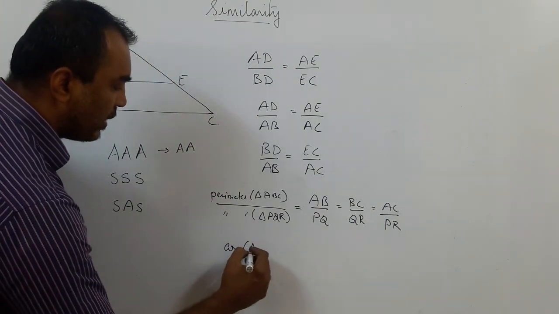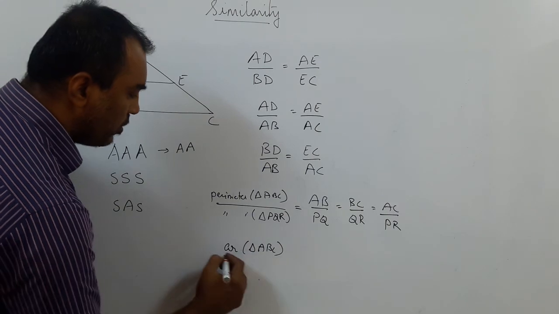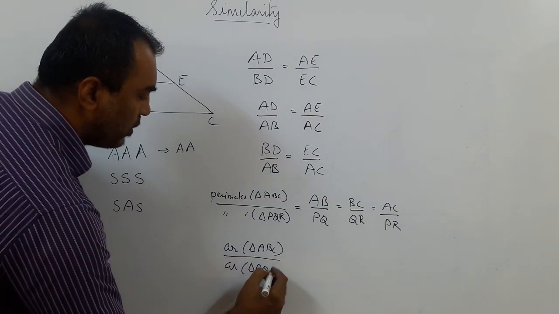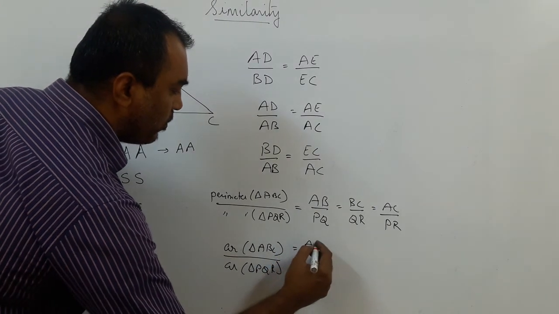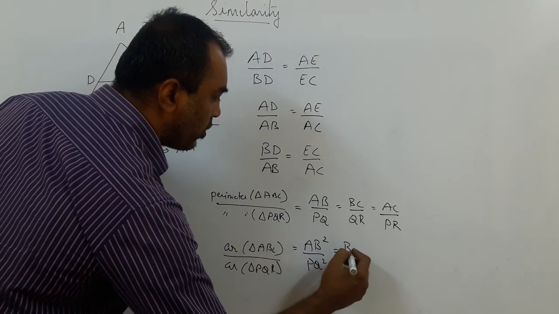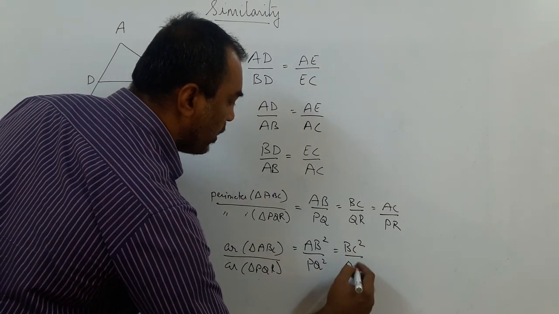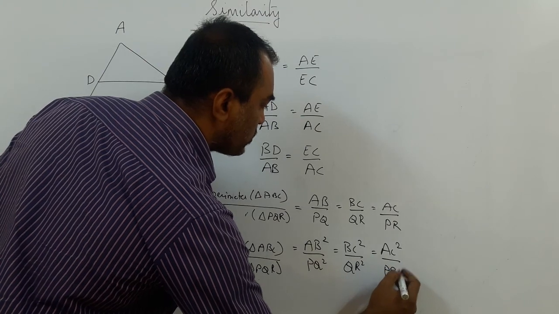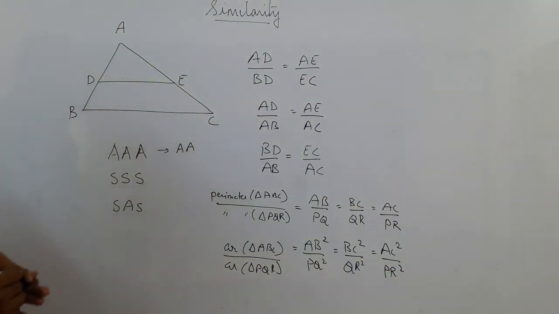And what is the ratio of the areas of triangle ABC and PQR? It is AB square upon PQ square, the ratio of the square of the corresponding sides, or BC square upon QR square, or AC square upon PR square. So this is a brief of the chapter we have done so far.